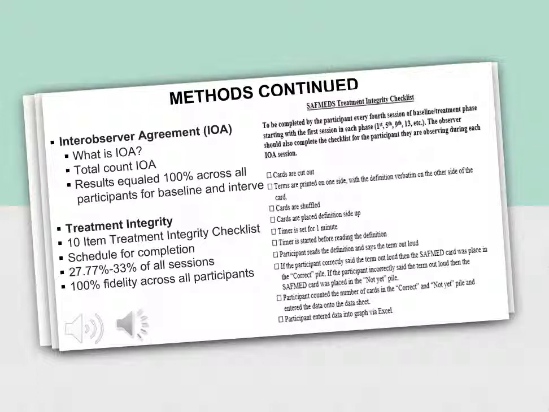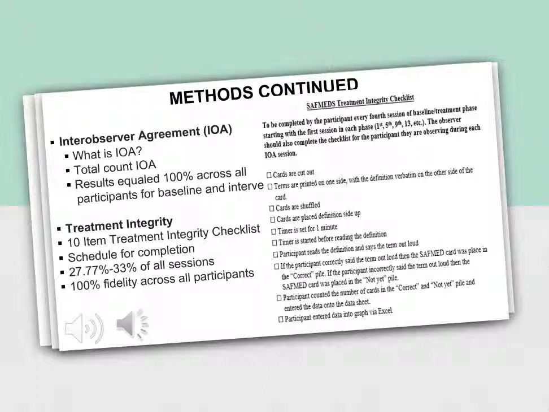This was done by completing a 10-item SAFMEDs treatment integrity checklist, which was compiled by one of the group participants. A sample checklist that was used during our study is attached to the current slide. This checklist was completed at the end of every session in which IOA was performed during both baseline and intervention phases.